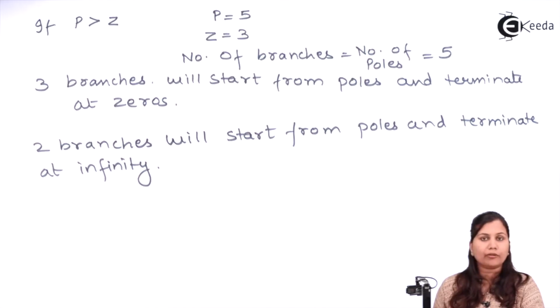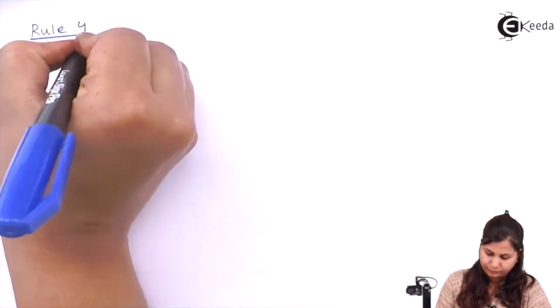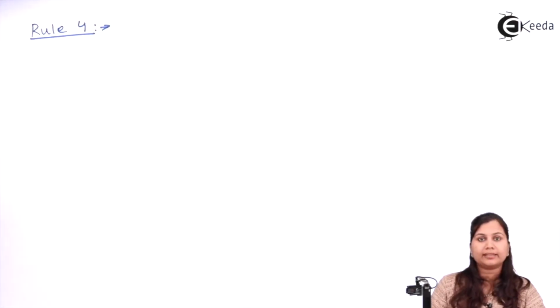Now let's see the fourth rule. Rule number 4 determines the direction of the branches. We have obtained the number of branches. Now what will be the direction of the branches?